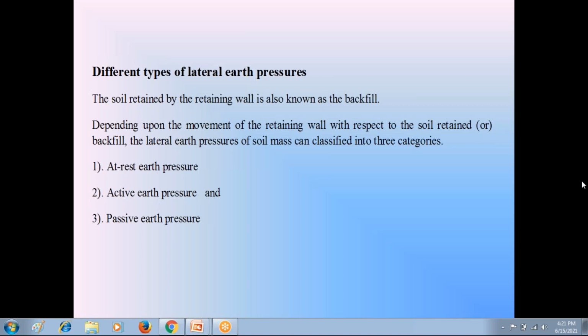So in order to understand these three conditions of the retaining wall in unit 3, we consider the retaining wall in rest condition, in active condition, and also in passive condition. For all these three conditions, we are going to discuss the equations of lateral earth pressure. Then the maximum of these three pressures is considered in the design of the retaining wall. So that is the purpose of considering the movement in the retaining wall.